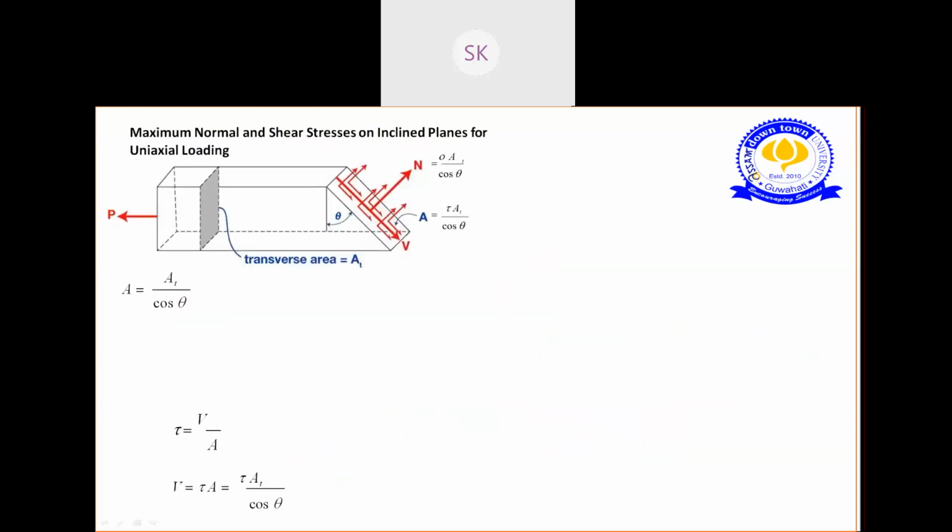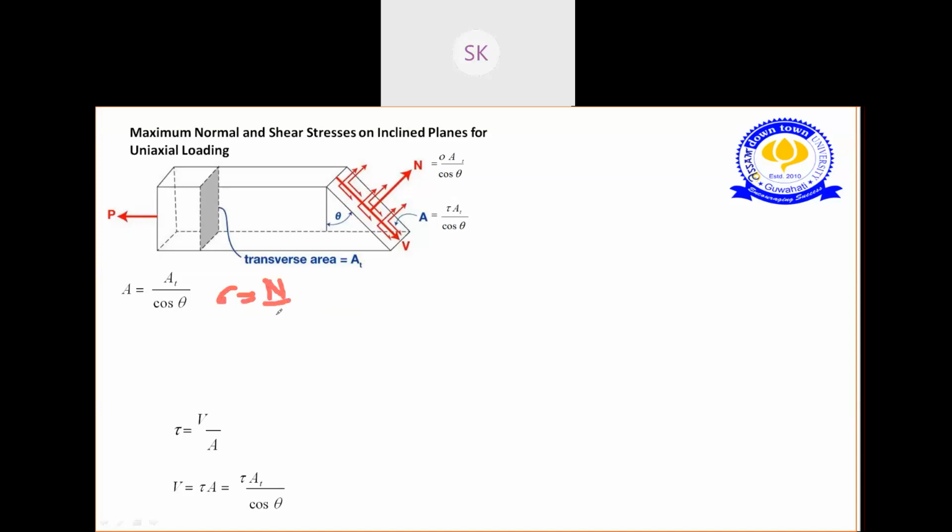So similarly, what we got, A is equal to AT by cos theta. Now I want to relate this A to find the normal stress and shear stress on this inclined plane. Sigma is your normal stress and N is your normal force.